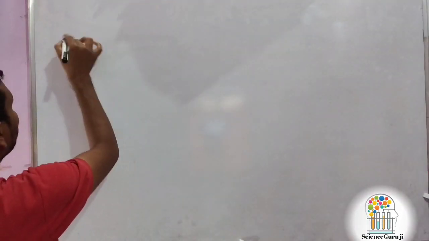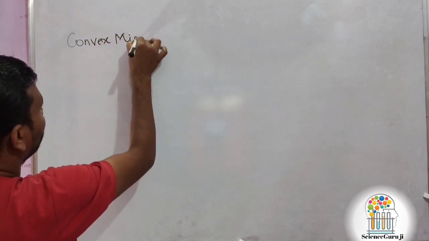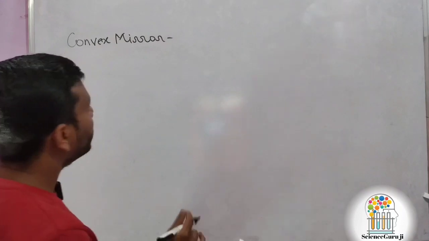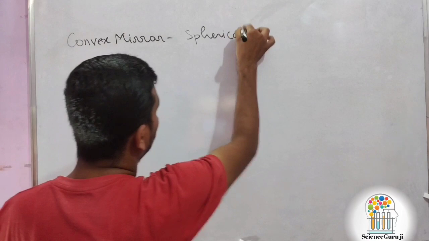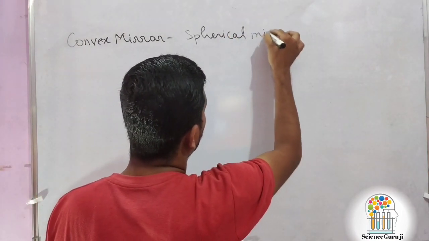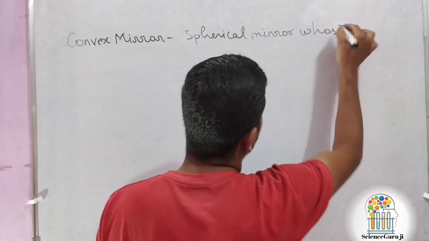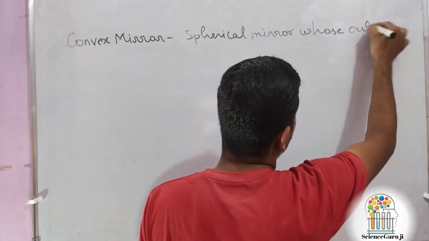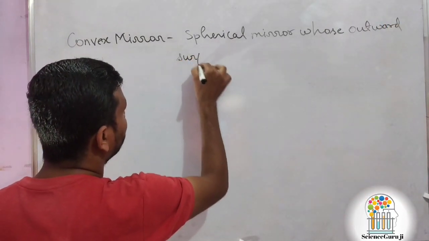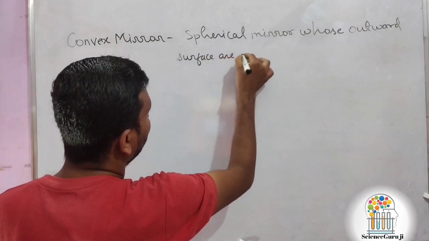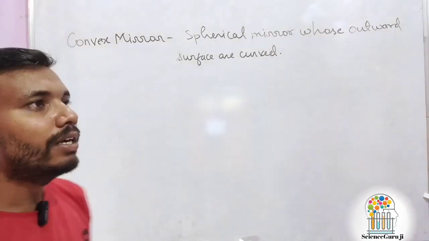Now the convex mirror. Convex mirrors are also spherical mirrors whose outward surface is curved.